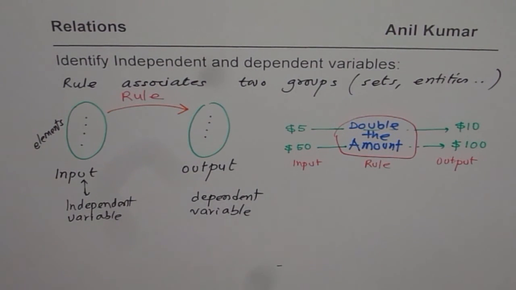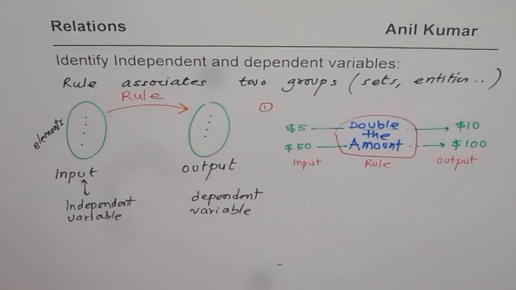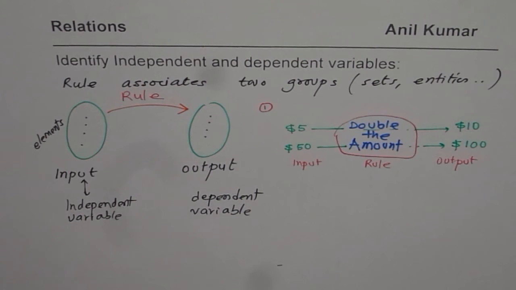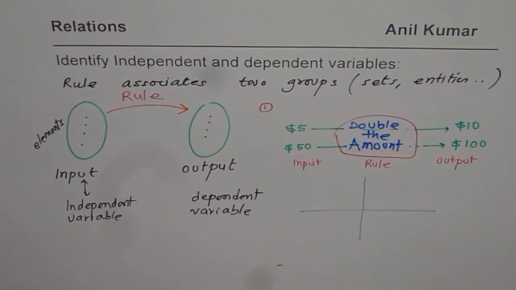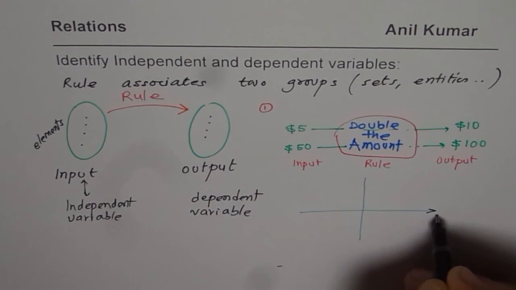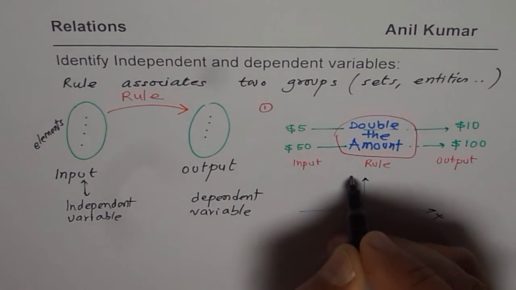So that becomes an example of a relation where you have identified independent and dependent variables. Now you'll also recall that on a coordinate plane, normally you put the independent variable along the x-axis. So this is the x-axis and that is y.